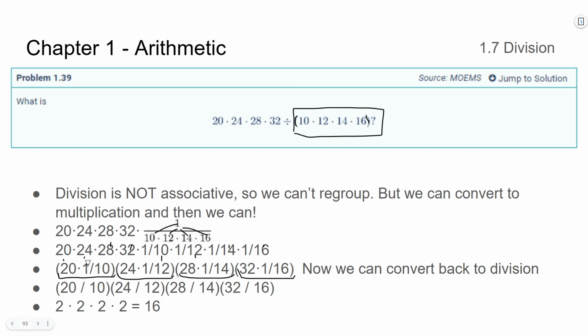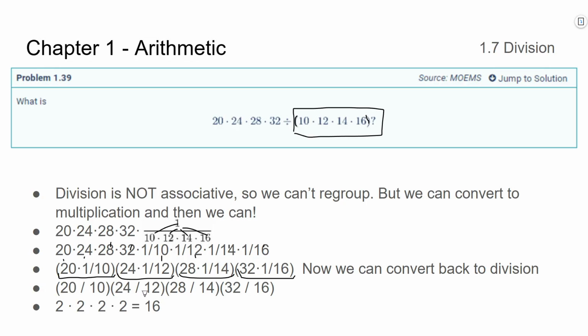We don't have to. We can do fraction multiplication. And then it would be 20 over 10. But that's what this is anyways, right? So the reciprocal of 1 over 10 is 10. So flip back to division, and we have 20 divided by 10. Same thing as if you would have done fraction multiplication. You would have had 20 over 10. So same thing here.